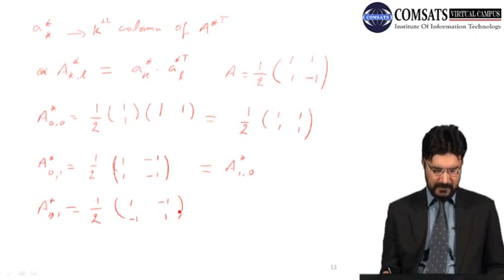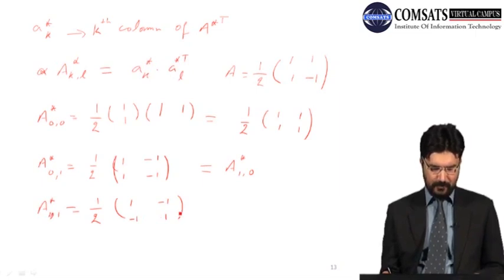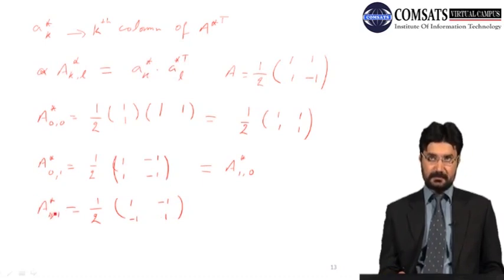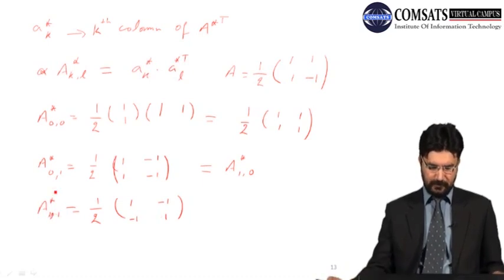We can compute these basis images from the columns of A conjugate transpose. So these are the values of how we do it with the basis image. So once we have computed with the basis image.